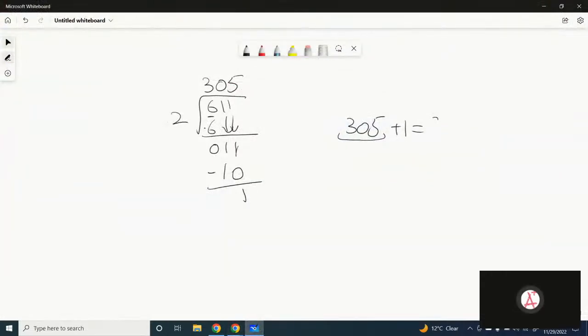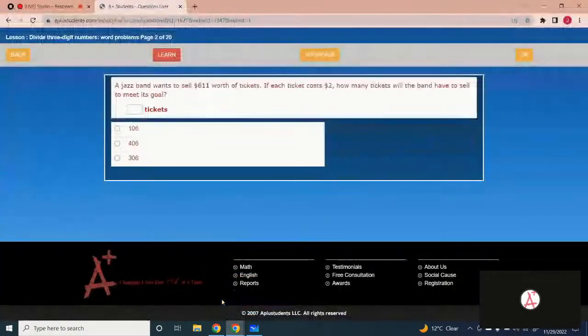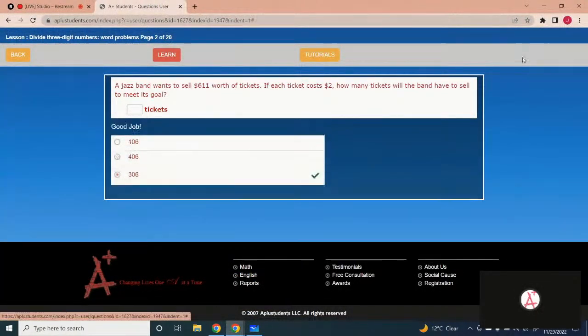It would be 305 plus 1, 306. That means to make $601 they can sell 306 tickets. Got it? So it would be 306. Just select the correct option and click on the OK button.